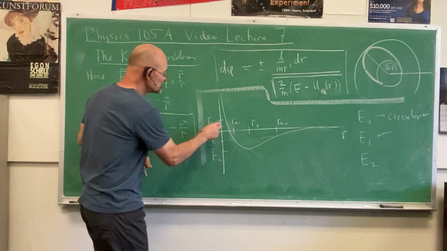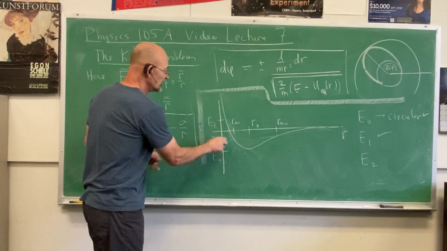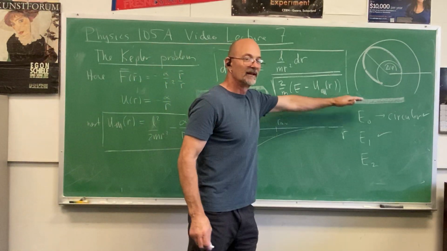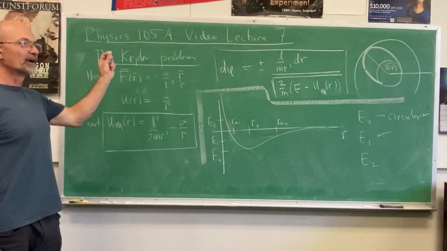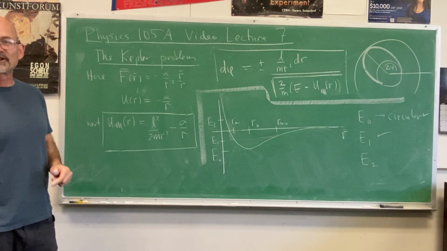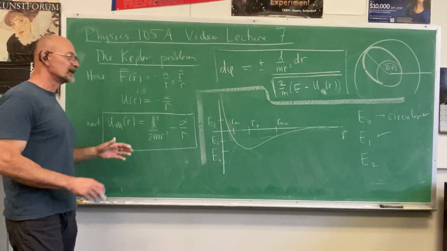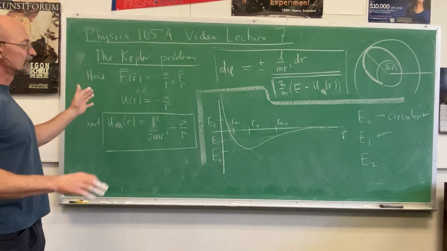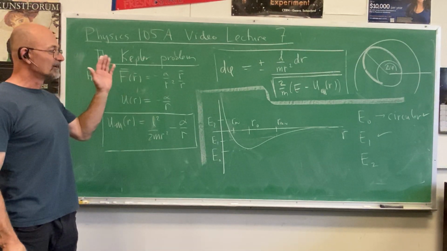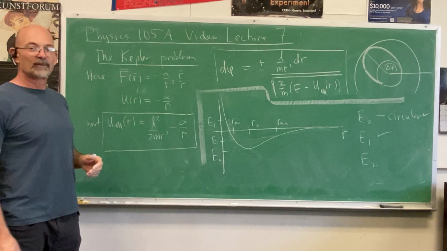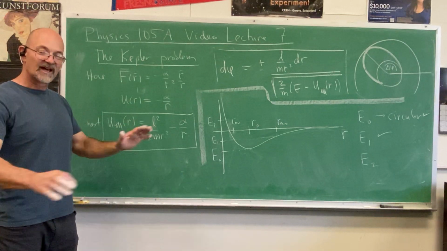The positive energy has a point of closest approach, but then it goes out to infinity. So that is an example of the Kepler problem where a particle comes out from infinity and goes back to infinity. Those are the hyperbolic orbits. If the astronomers can take the parameters of an orbit and see that it's hyperbolic around our sun, then they know that object came from outside of our solar system.